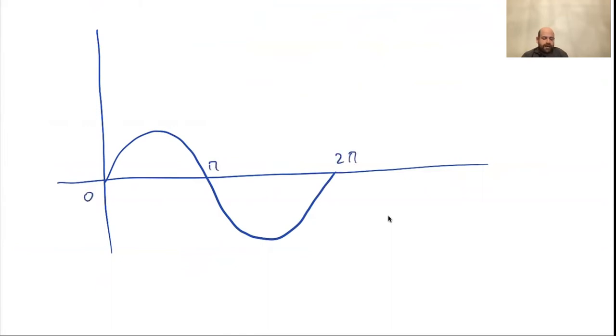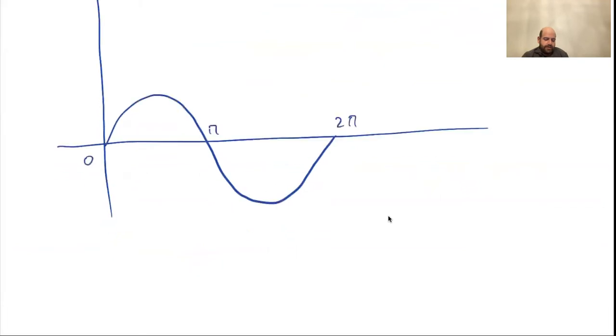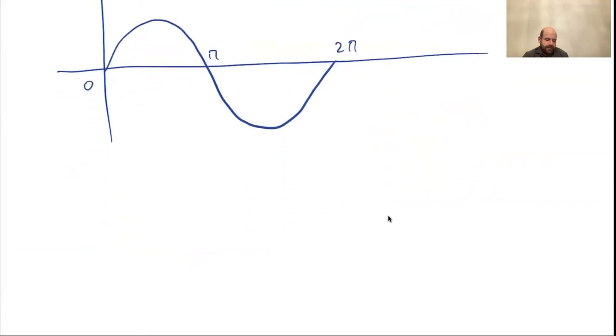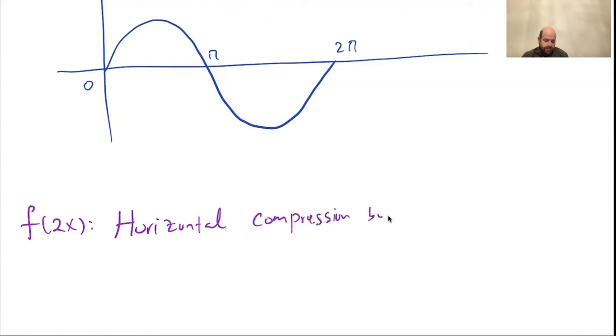Now sine 2x. In pre-calculus, you saw that f of 2x is going to be a horizontal compression by factor 2. 2 times f of x would be a vertical stretch, but f of 2x is a horizontal compression.